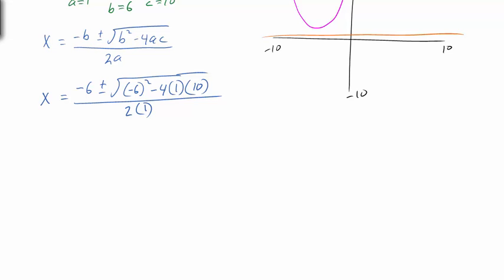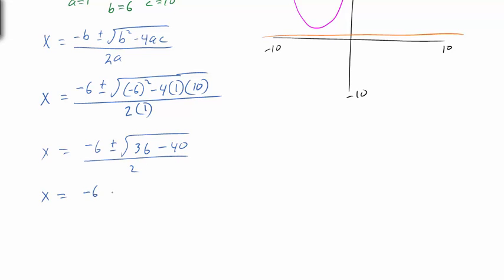At this point, we could go to the calculator and simply enter all of this in. We would end up with negative 6 plus or minus the square root of 36, since negative 6 squared is 36, minus 4 times 1 times 10, which is 40, all over 2.